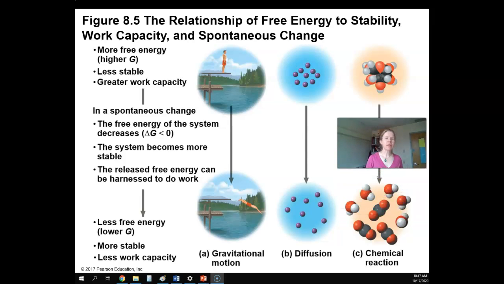Okay, so then in the chapter, they get into what's called Gibbs free energy. And I don't want you to get lost in here, right? There's math. It looks really complicated. I thought this picture did a really nice job of summarizing the relationship between free energy, stability, work capacity, and spontaneous change, right?